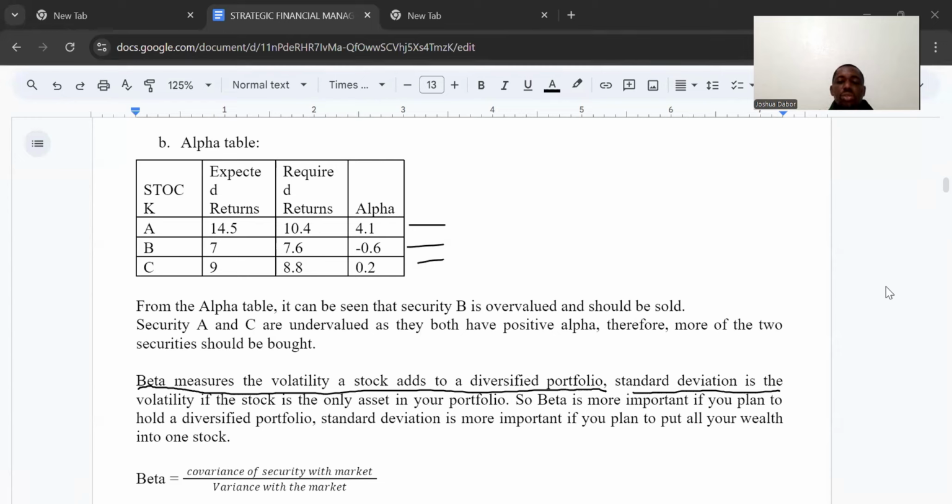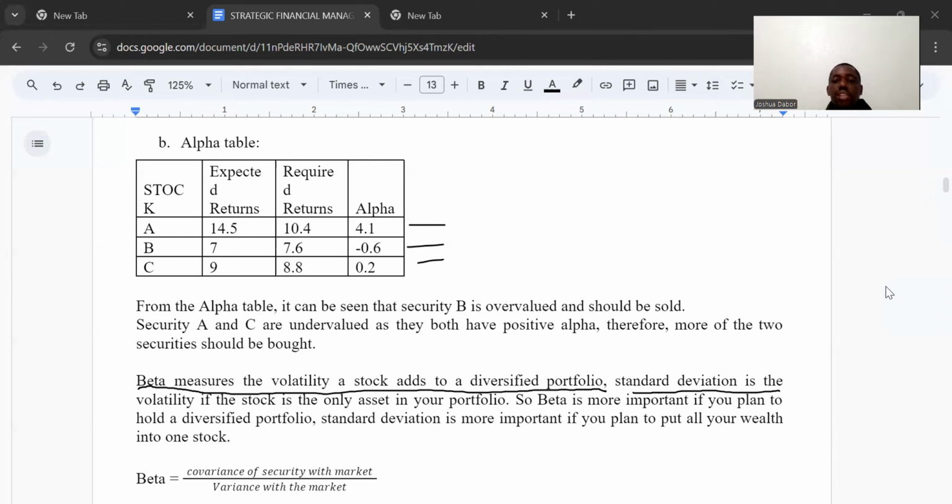So it measures the total risk of that stock. So it is basically used for an investor that has just one stock because the stock has not been diversified, right? We said for an investor that has more than one stock or one investment, risk has been diversified to eliminate unsystematic risk. So that investor is not faced with the unsystematic risk because the investor has diversified his or her investment.